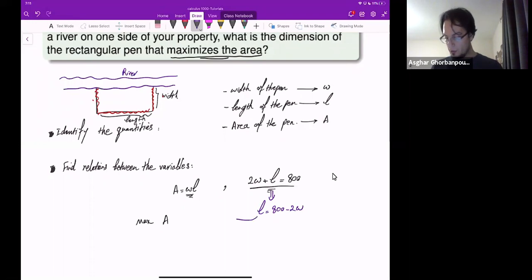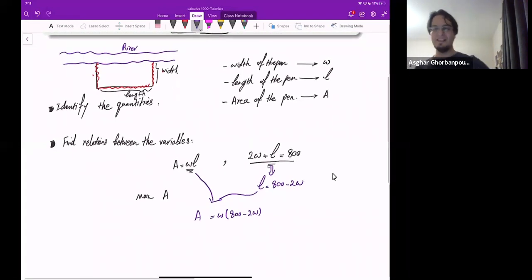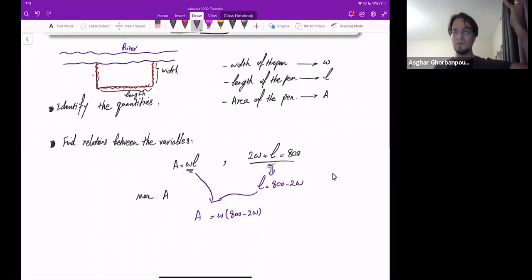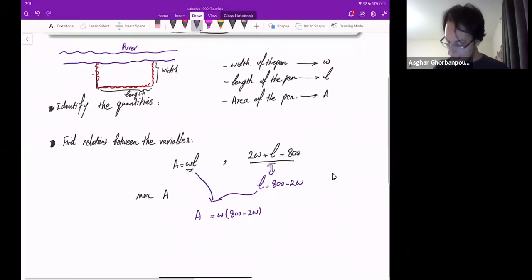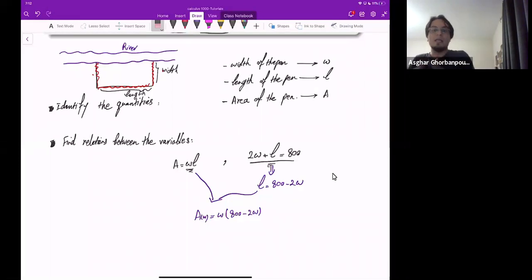And then if I use that and that together, I will get A is W times 800 minus 2W. And that gives me one function with one variable. A depends only on, sorry, W. There's only one variable. And those kinds of functions are what we are going to deal with, functions with one variable.